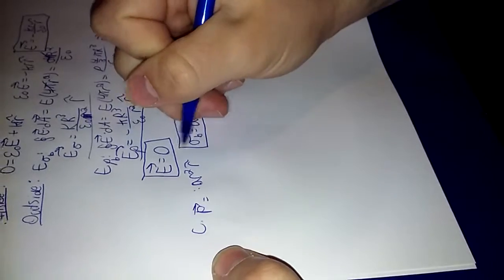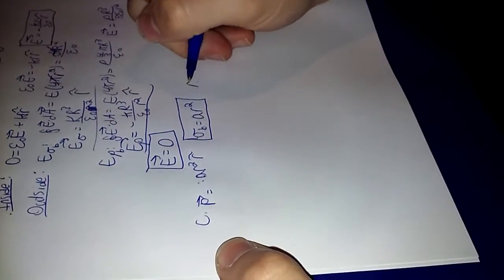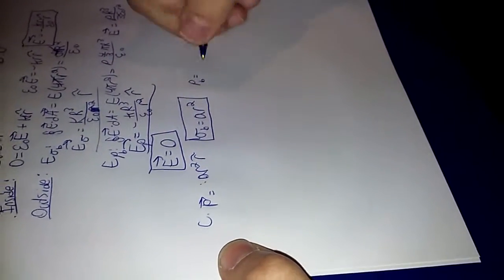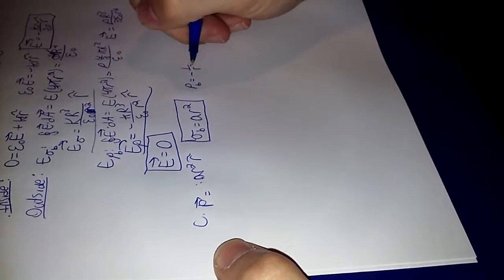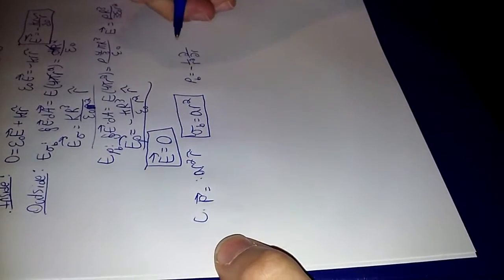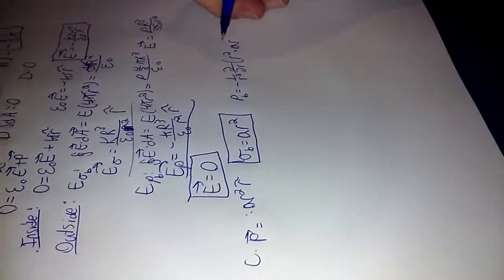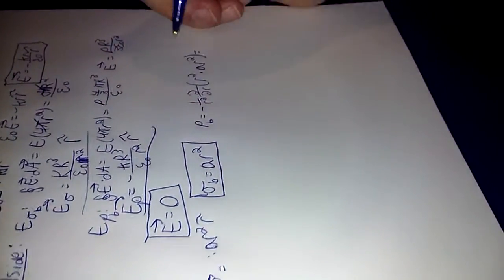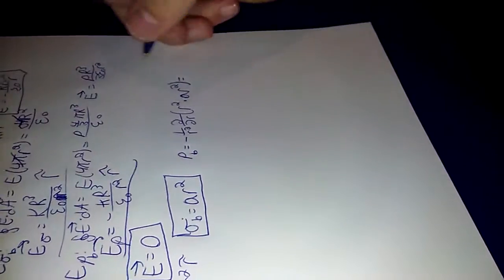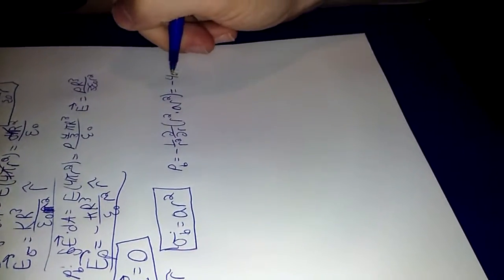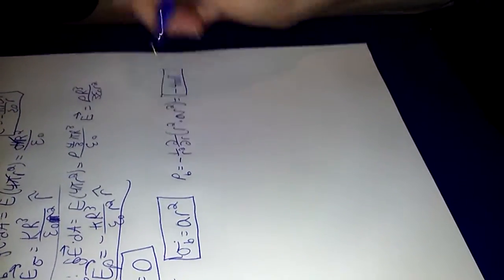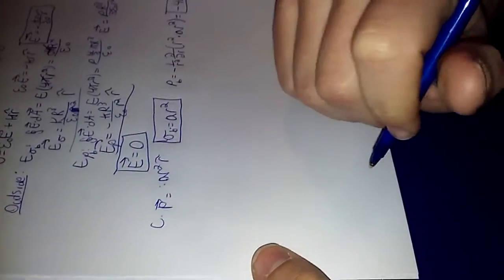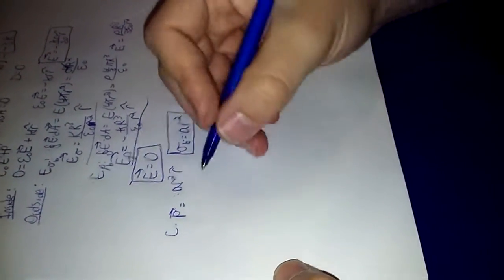Sigma b is the same as the polarization. And then rho b is negative 1 over r squared, partial with respect to r of r squared times ar squared, which gives us negative 4ar.